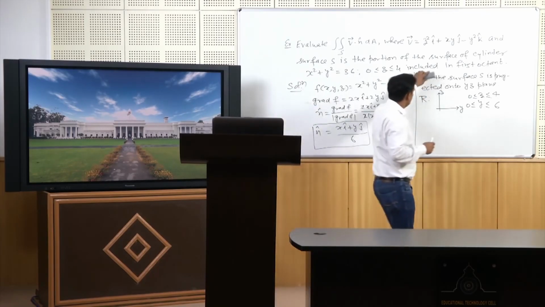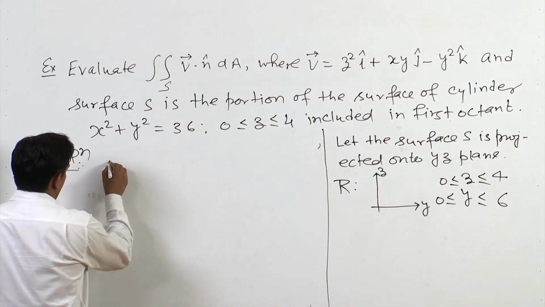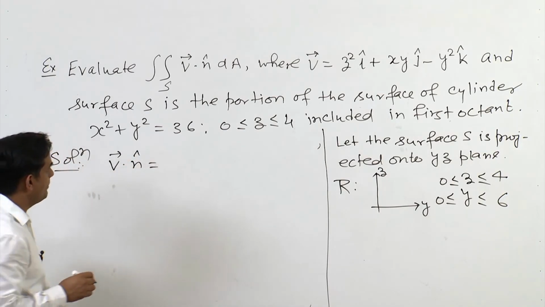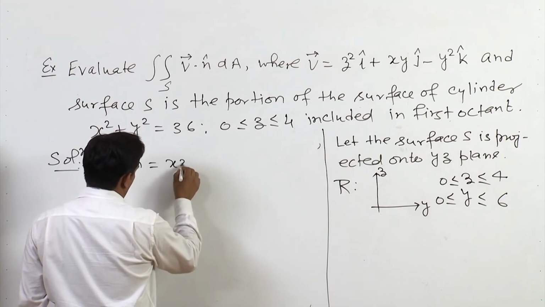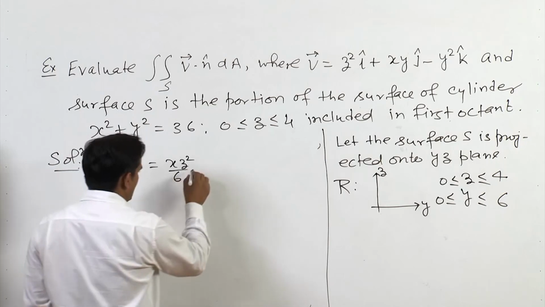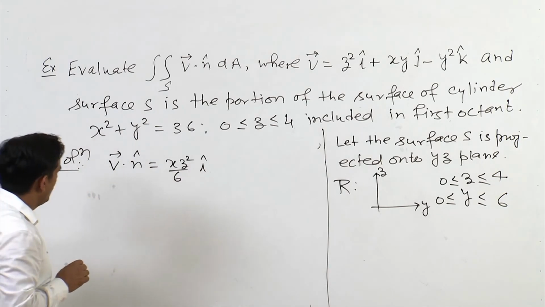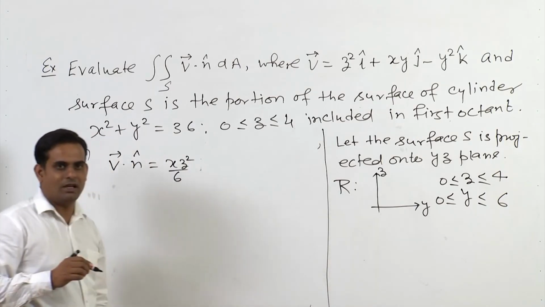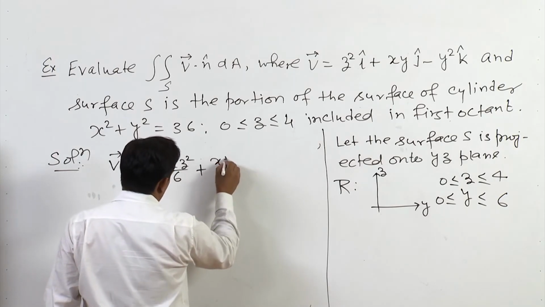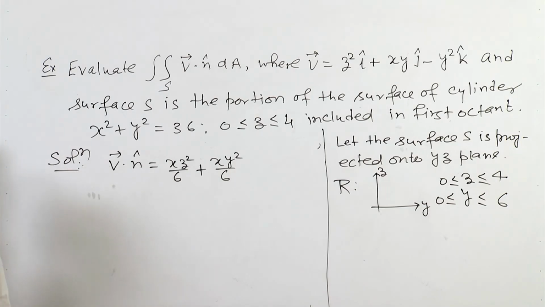So what I need is to evaluate the surface integral. V dot n will become xz²/6 plus xy²/6, because it is a dot product, and the z component is 0.